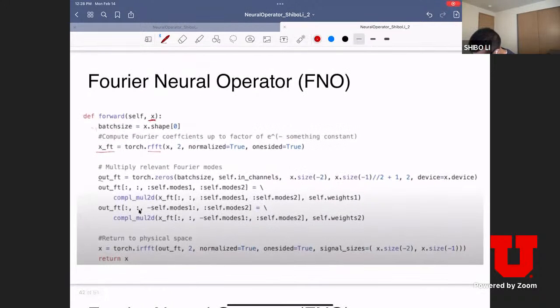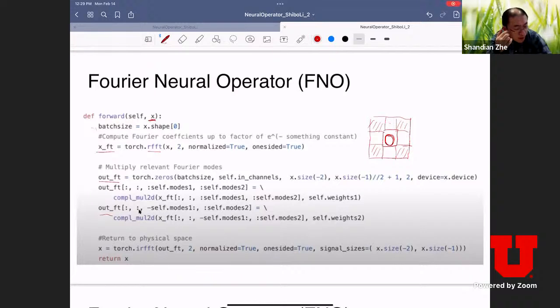Then I think they do some padding. I think for 2D Fourier nets, the high frequency components reside in the corners, if I remember correctly. So basically, I think what they're doing here, I didn't examine it very carefully, is zero those components off and only consider the matrix multiplication for the low frequency components.